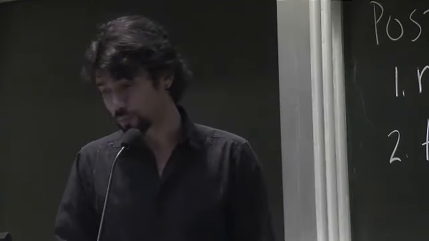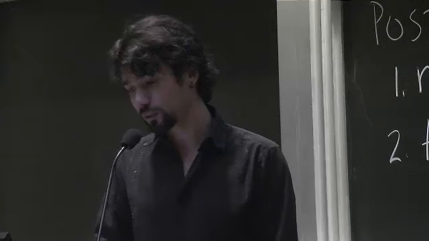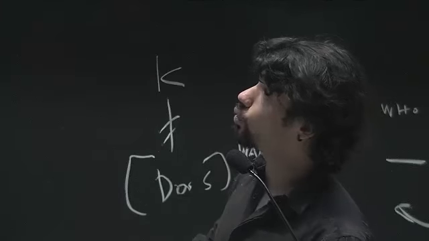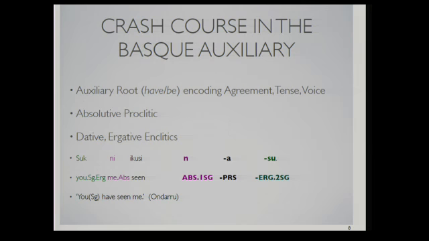So first I have to give you a brief crash course in the Basque auxiliary. It's actually pretty simple. There's an auxiliary root, something like have or be, and that auxiliary root encodes agreement, it encodes tense, and it encodes voice, have or be. So in this specific case, you see here's the auxiliary root, it's present tense, and this sentence is something like, you have seen me. "You" here is ergative, "me" is absolutive, and those pronominal arguments are doubled by clitics.